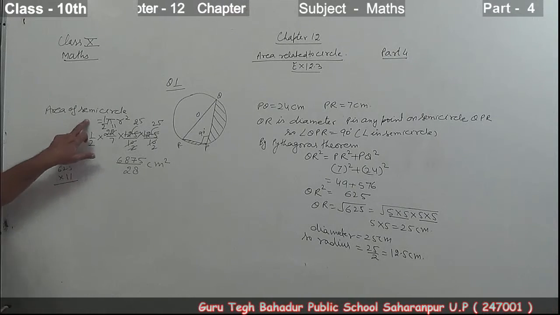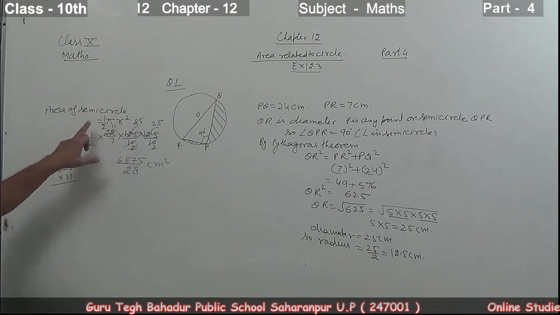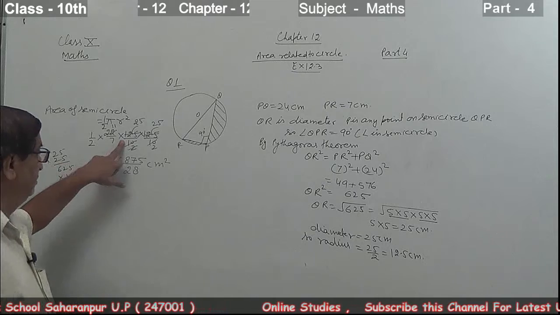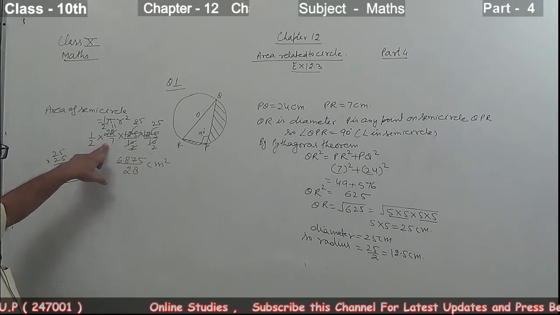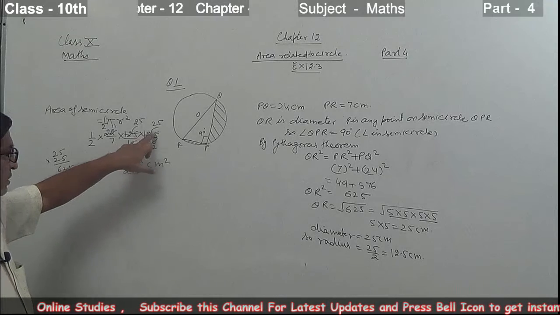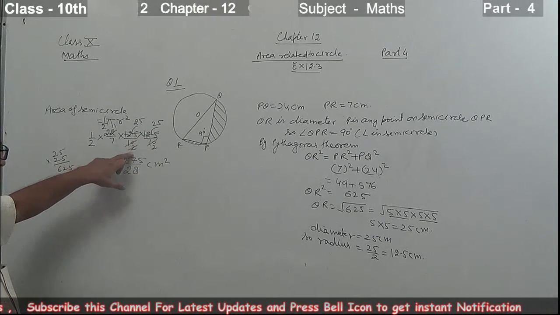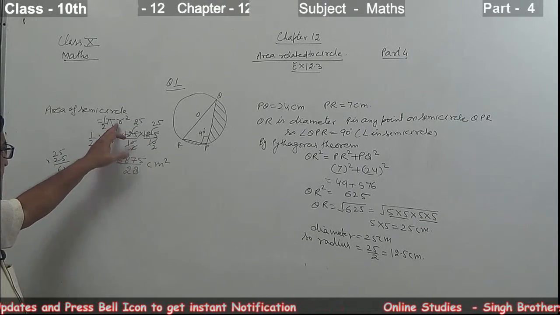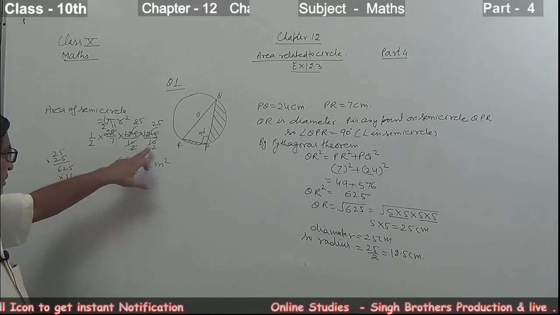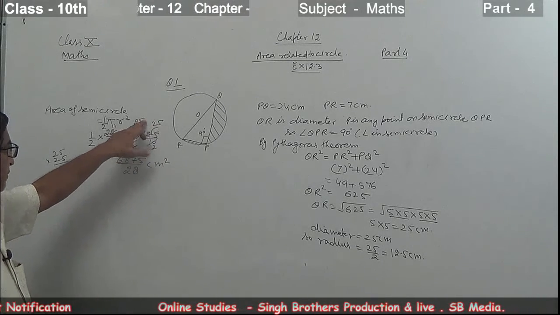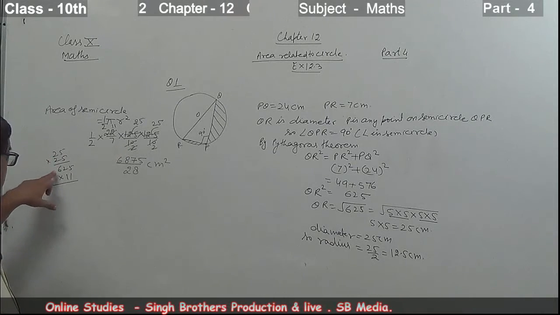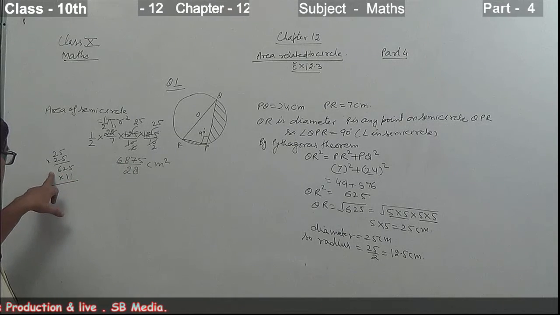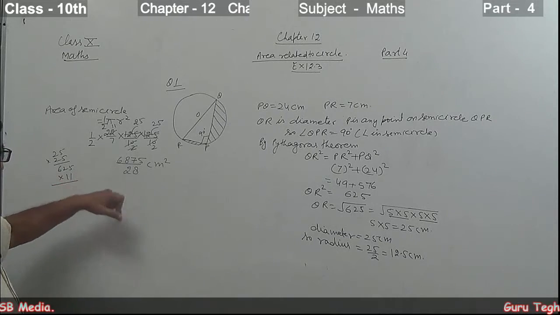Area of semicircle, half pi r square, half into 22 upon 7 into radius 12.5 into 12.5. Remove the decimal, put the 10. 5 2 ja, 5 25 ja, 2 11 ja, 2 7 ja 14, 14 2 ja 28, 25 into 25, 625, 11 5 ja 55, 11 2 ja 22 and 5 27, 11 6 ja 66 and 2 68.